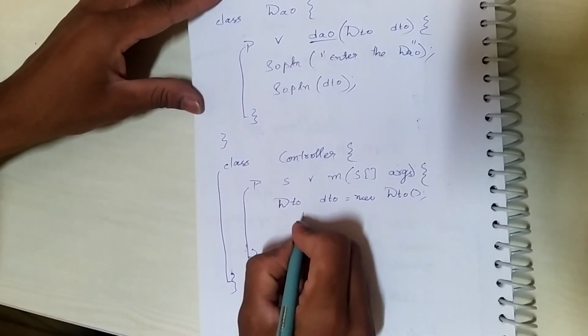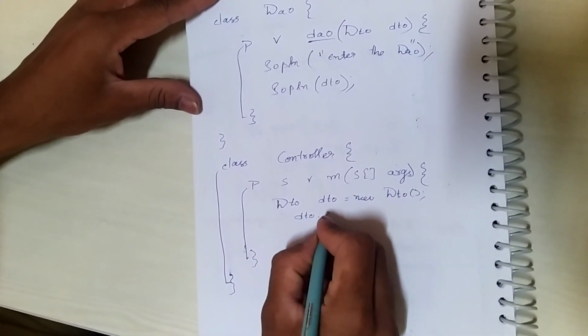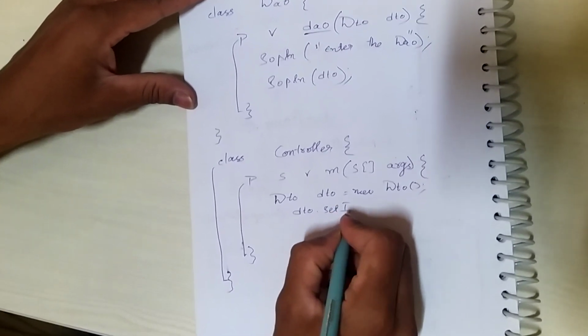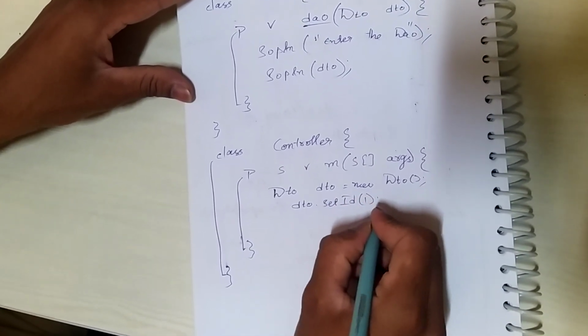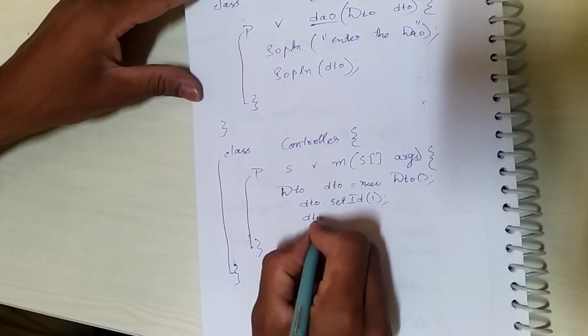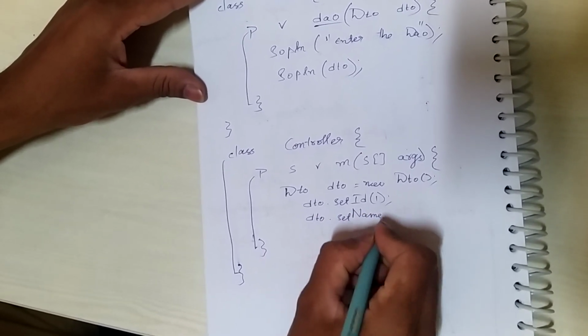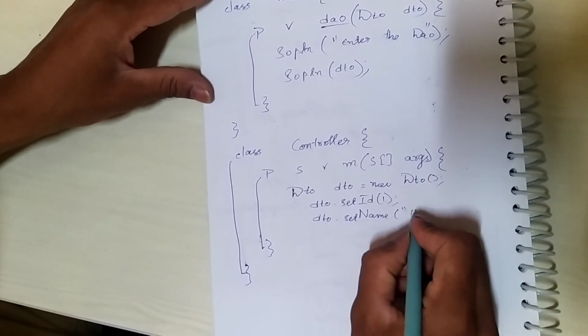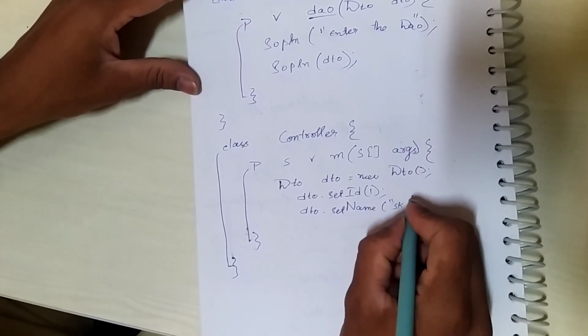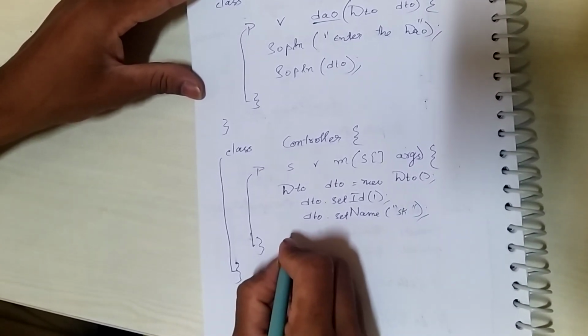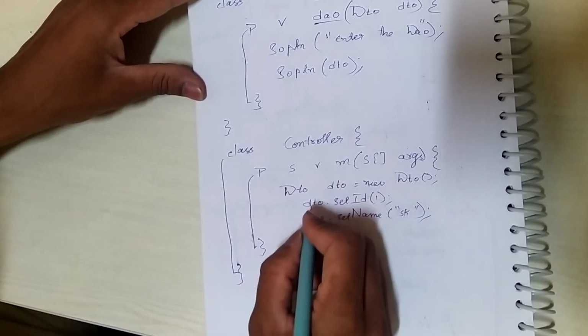Then we will set the data using setter methods: set ID, and dto.setName, setting some values inside.